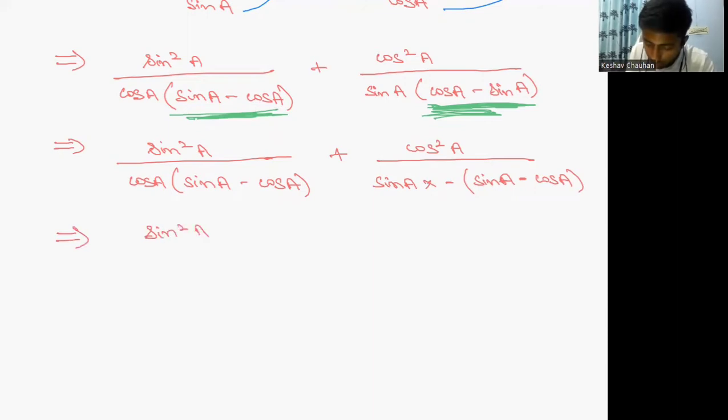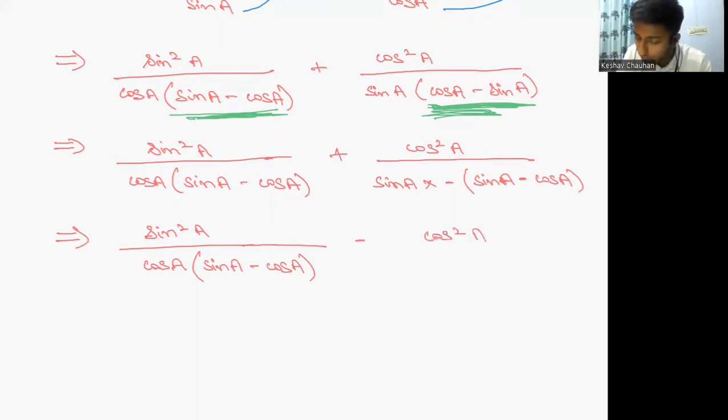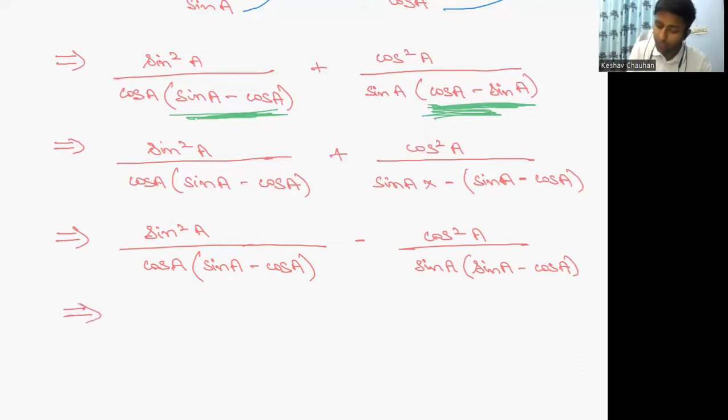So we'll do the same thing in the next step. Sin square A upon cos A into sin A minus cos A, it would become minus cos square A upon sin A into sin A minus cos A. Now we can see we can take sin A minus cos A common from the terms.